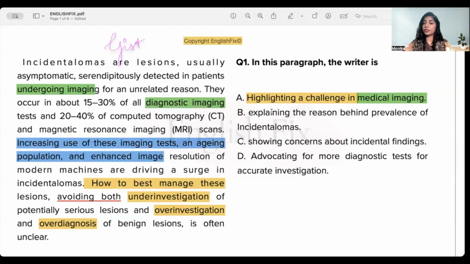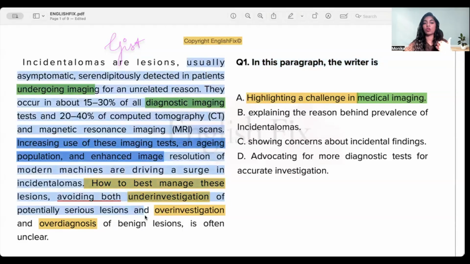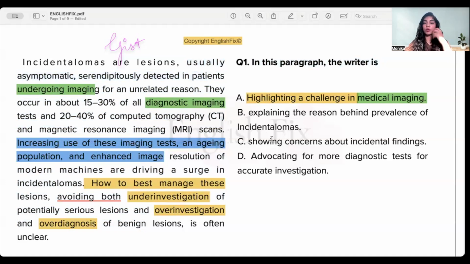Why? Because in order for me to choose this for a question like this, what I need is that the entire paragraph focuses on or overviews why these happen. But rather, it acts as a supporting detail in the background of incidental lomas.